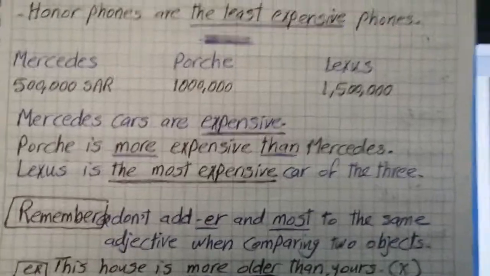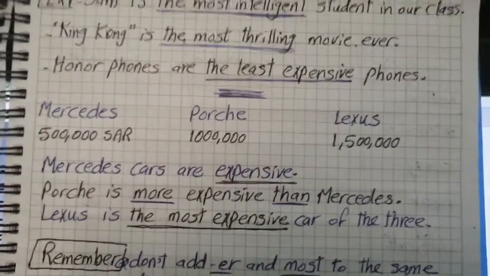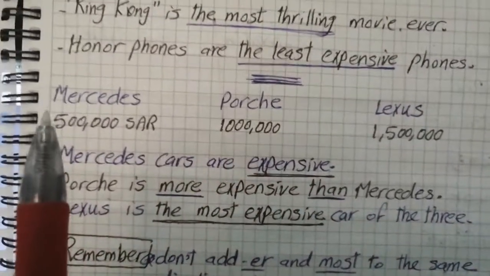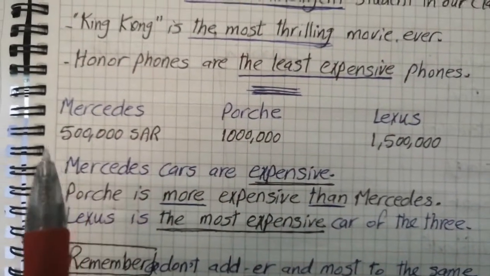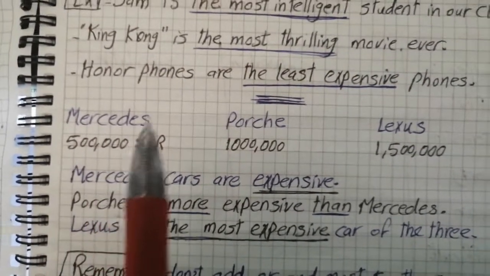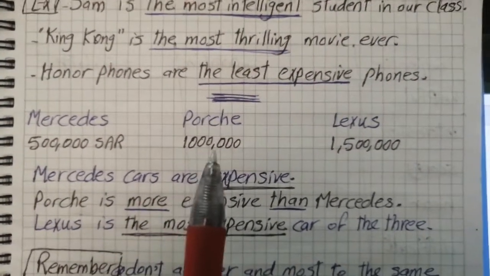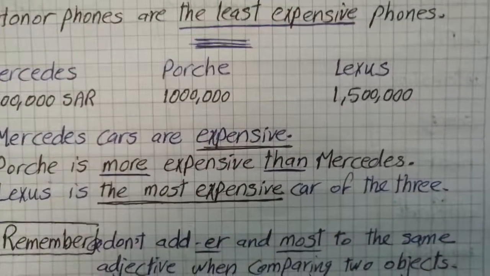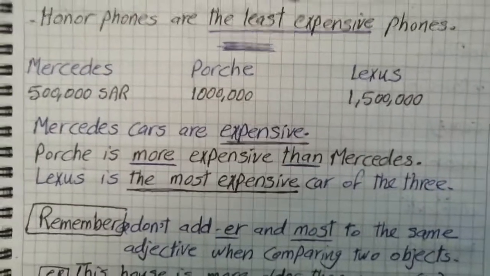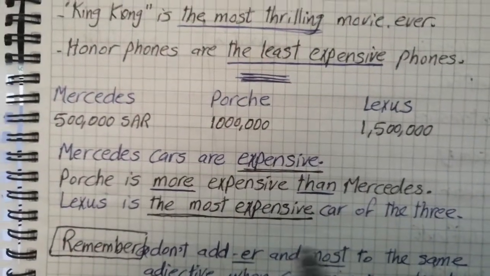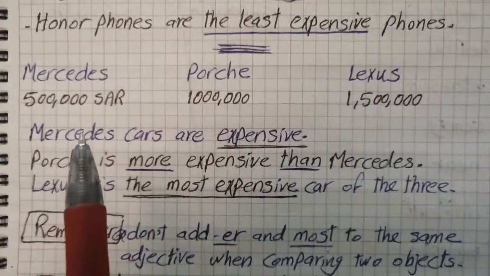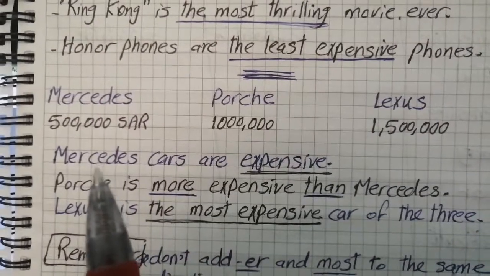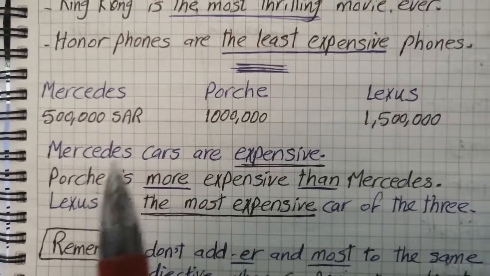For example, if I'm forming the comparative and superlative, say I'm comparing brands of cars. Mercedes costs 500,000 riyals. Porsche costs 1 million riyals, for example. Lexus costs 1,500,000 riyals. If I'm using the comparative and superlative with the long adjective here, the examples will be like this. Mercedes cars are expensive, of course. 500,000 riyals is a large amount of money.